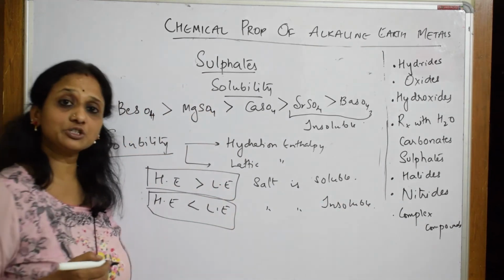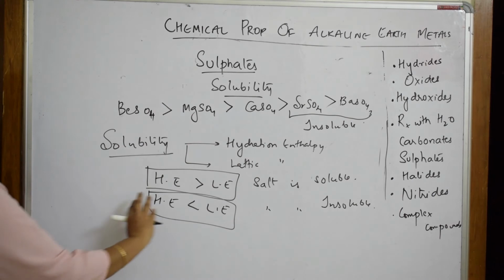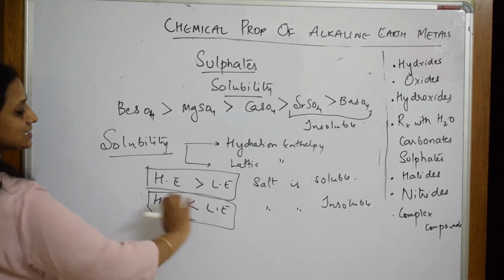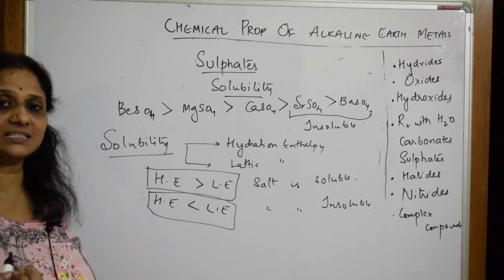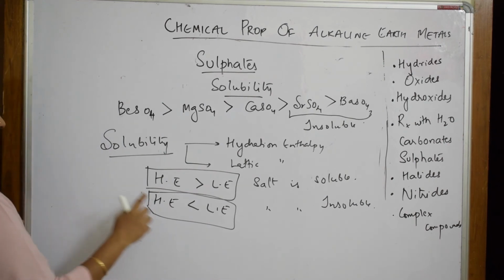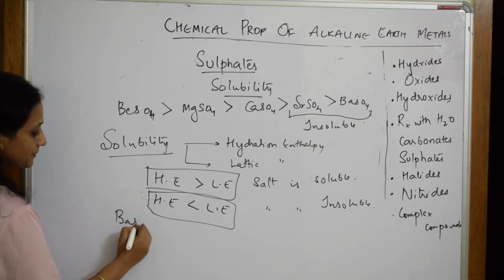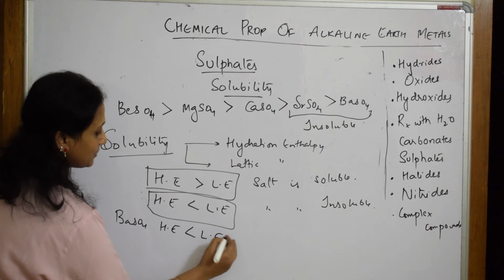In case of barium sulfate, the hydration enthalpy is lesser than the lattice enthalpy. Once again, in case of BaSO4, hydration enthalpy is less than lattice enthalpy.